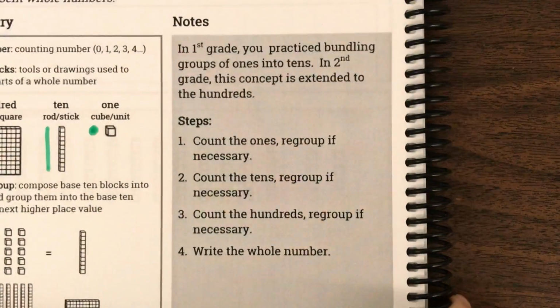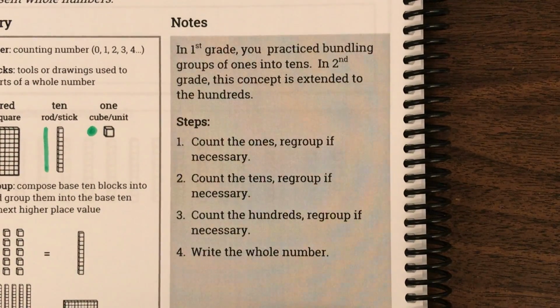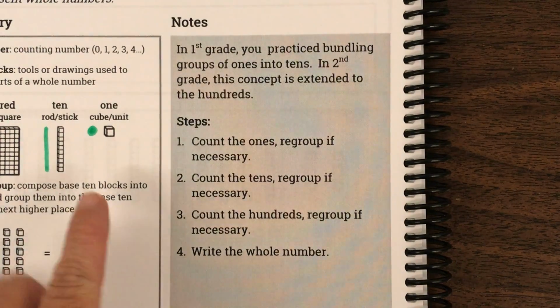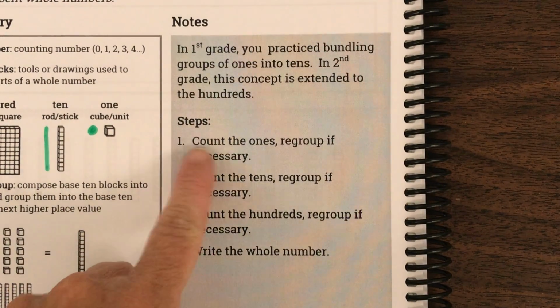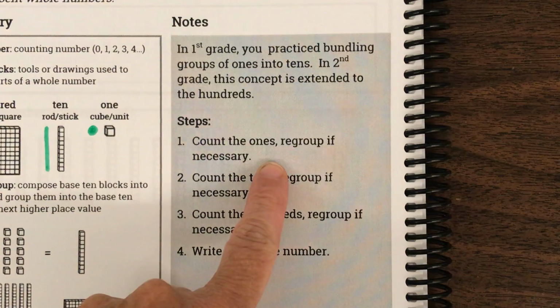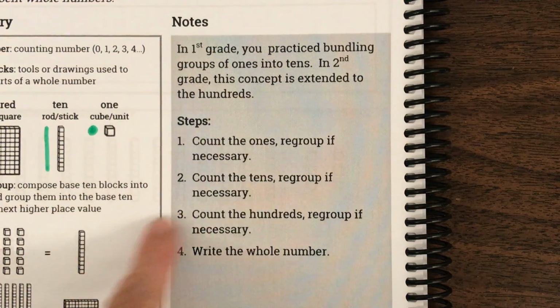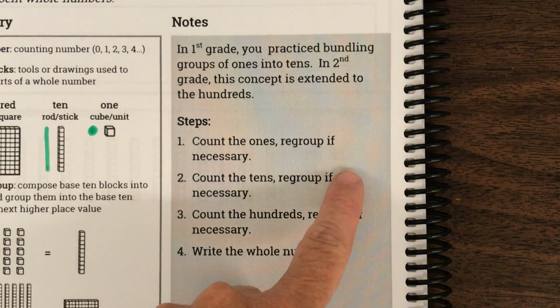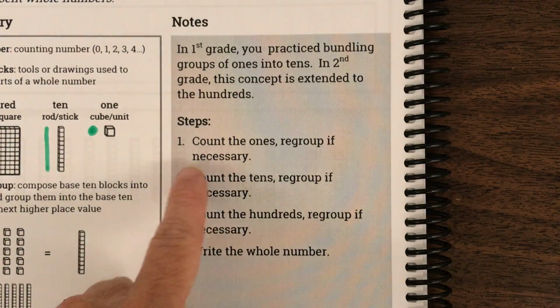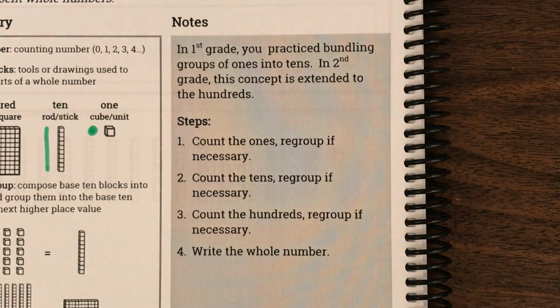Let's look at our steps today, because there's something here that I want you to see. Step 1, count the ones. They want us to start by counting the ones, and then regroup, which means bundle, if necessary. If necessary means if you need to or you can. Remember, you can only bundle or regroup if you have at least 10 of them.